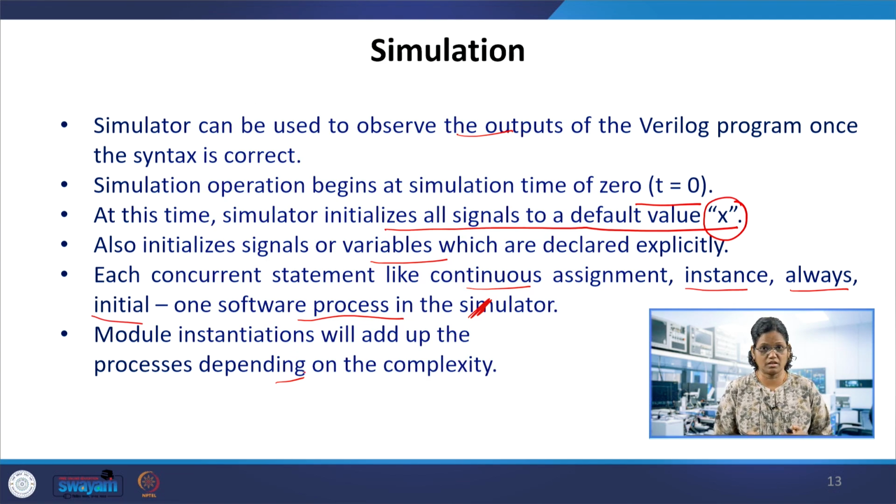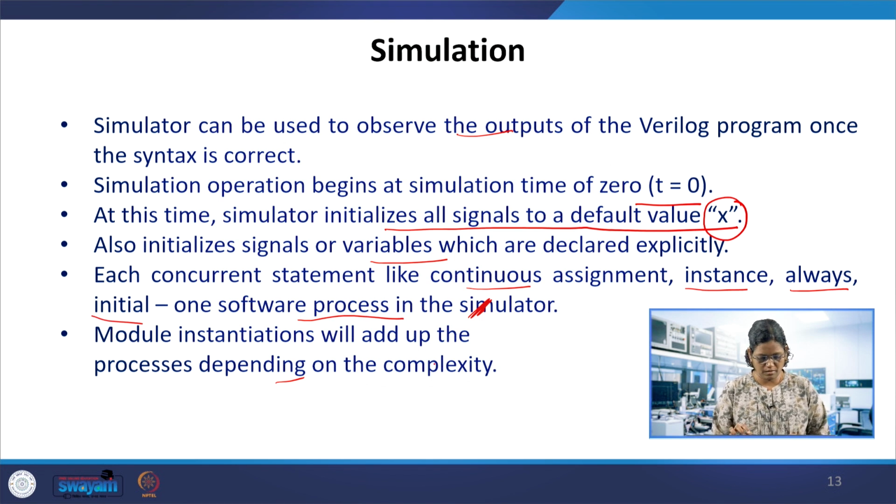It depends on the complexity of the instantiation. So it may be one software process, or two processes, three processes, and so on. So each concurrent statement can take one, two or three processes, depending on the instantiation. If you have multiple instantiations with looping behavior, then it takes many software processes.